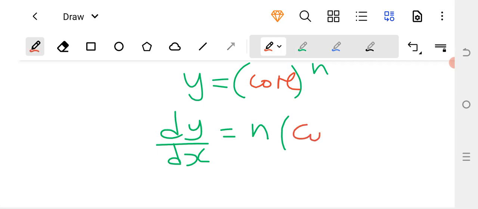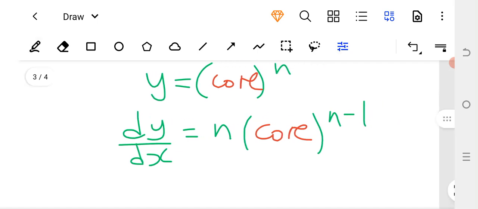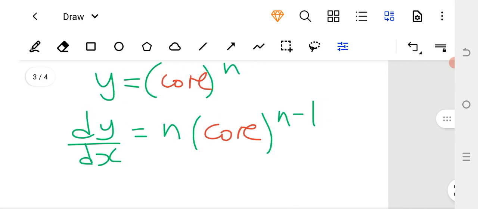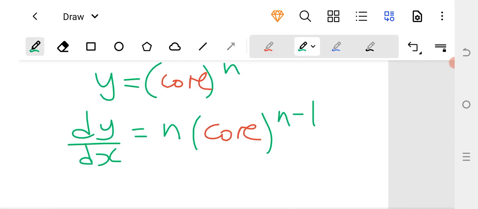n times the core, then n will lose one power. So essentially we're just doing a normal differentiation. I hope that is clear.